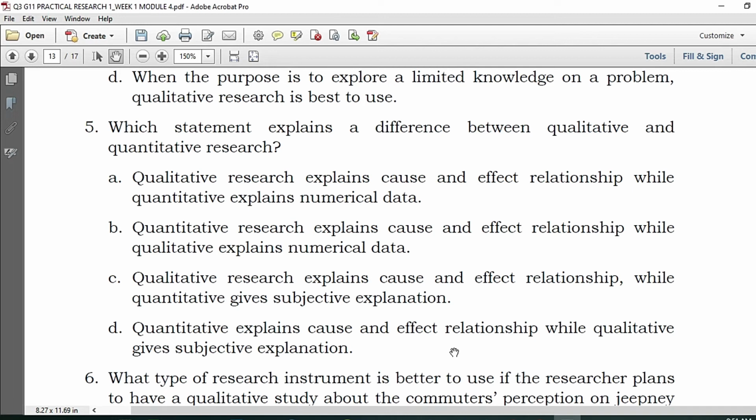C. Qualitative research explains cause and effect relationship, while quantitative gives subjective explanation. Then D. Quantitative explains cause and effect relationship, while qualitative gives subjective explanation. Okay, what's your answer? Okay, the correct answer is letter D.